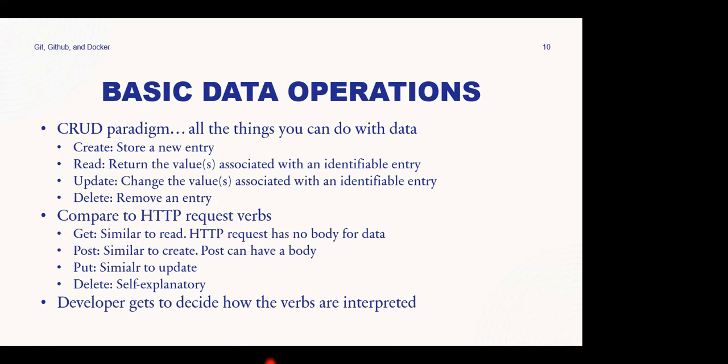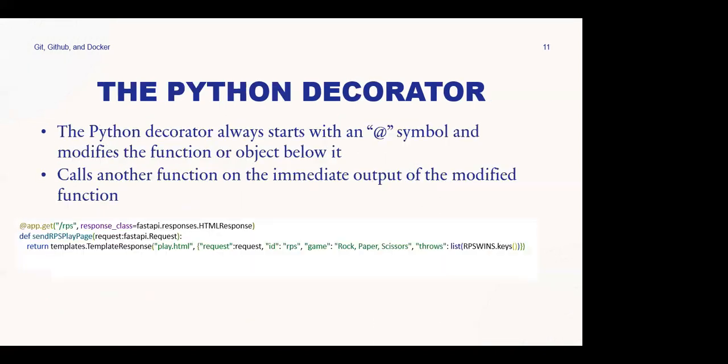Although whoever actually wrote the interface gets to decide how those verbs are interpreted, generally there's some consensus around these. In practice, most of the cases are going to be get and post. Put and delete are fairly rare, in part because it's a little harder to get those requests working on some browsers, but also for simplicity's sake.